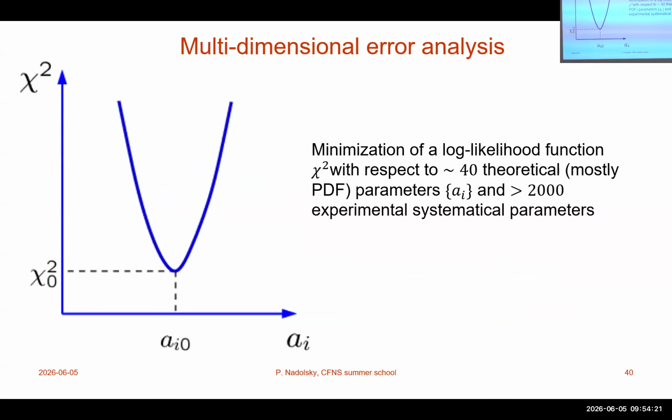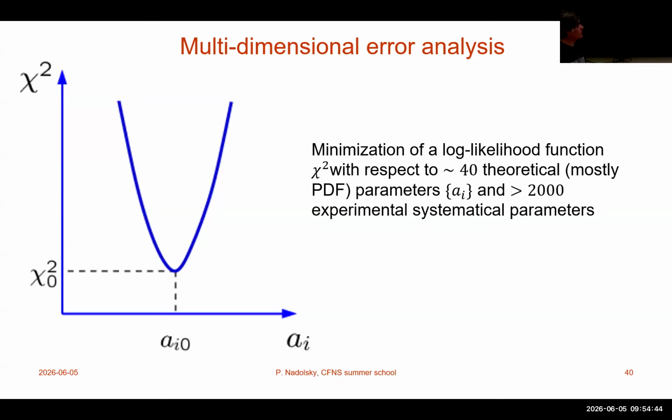It's based on the mean chi-squared, right? So here I plot the chi-squared as a function of one parameter. Typically what we do is calculate the minimum of the log likelihood, which we call chi-squared. The minimum, we say, corresponds to the most likely value of our parameters according to the data.